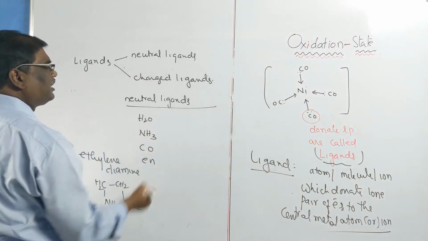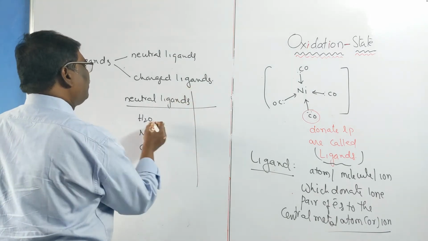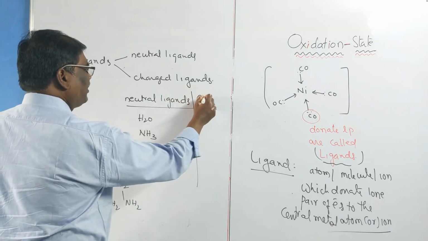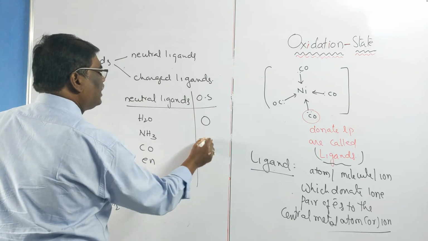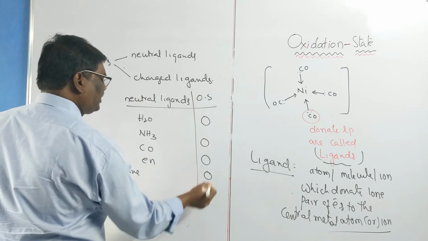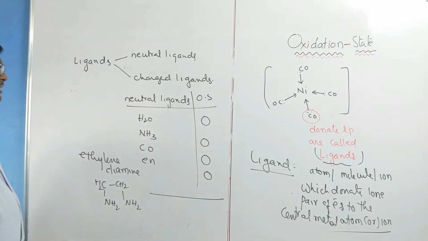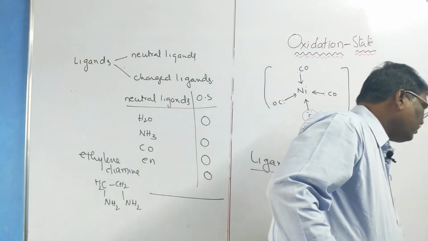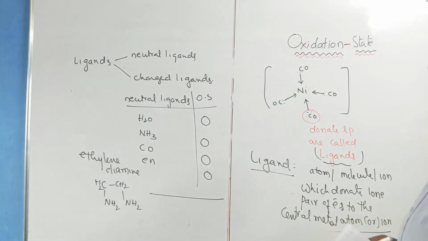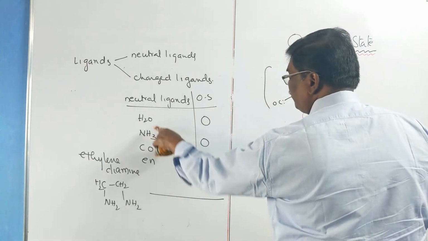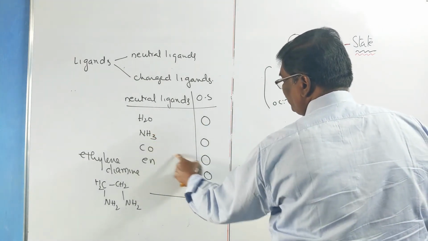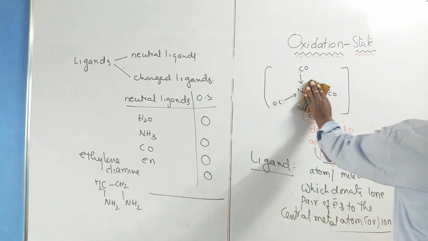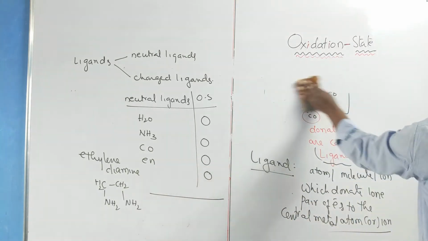So generally these are the neutral ligands. You know, for neutral molecules, what is the oxidation state? 0. As their overall oxidation state is 0, these are taken as neutral ligands. Please keep in mind that the overall oxidation state of these ligands, water molecule, ammonia, carbon monoxide, ethylene diamine, is taken as 0.